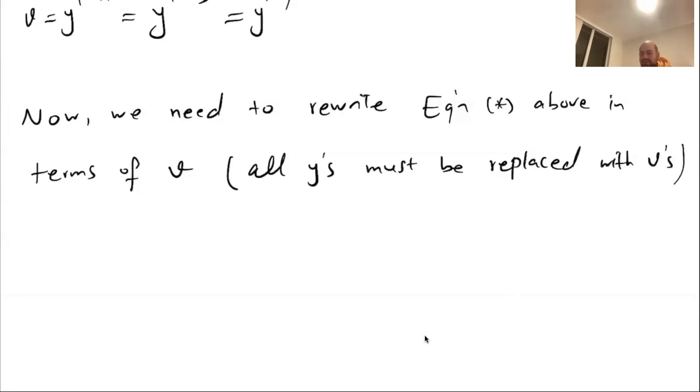When I say replaced, I don't mean just change t to s, because t is probably not equal to s, but I mean you have to write them in terms of s. No t's are allowed to appear at the end, and they must all be written in terms of s.